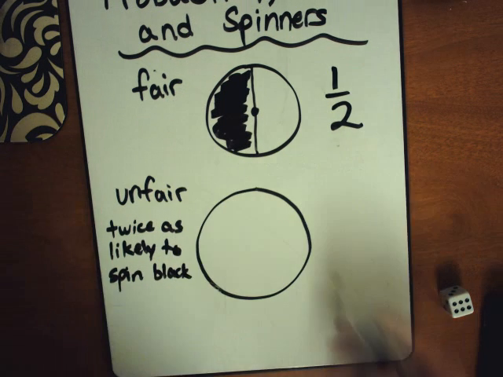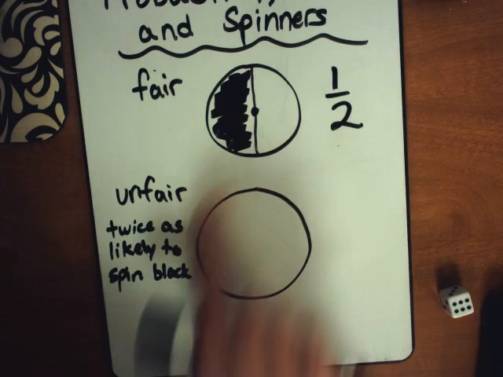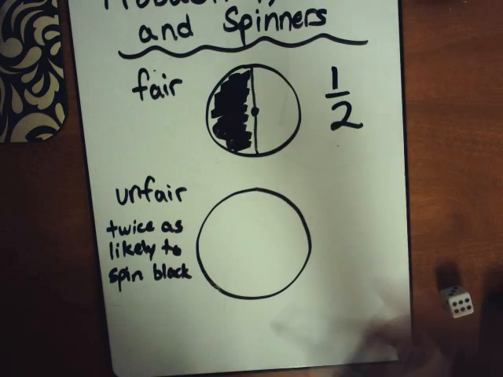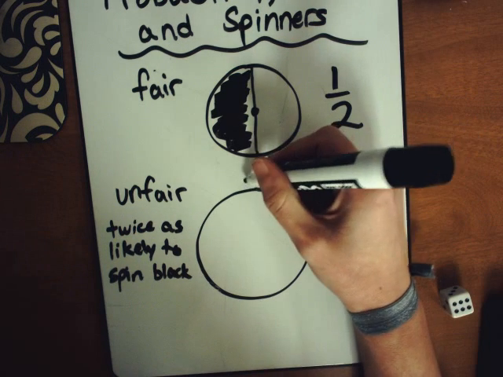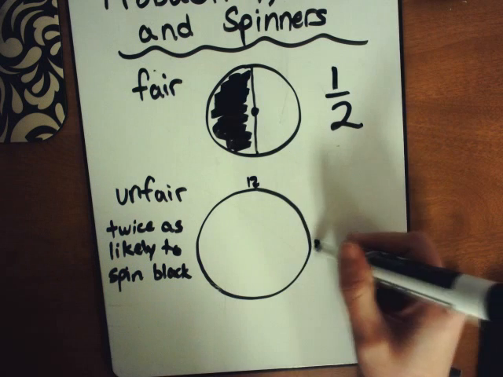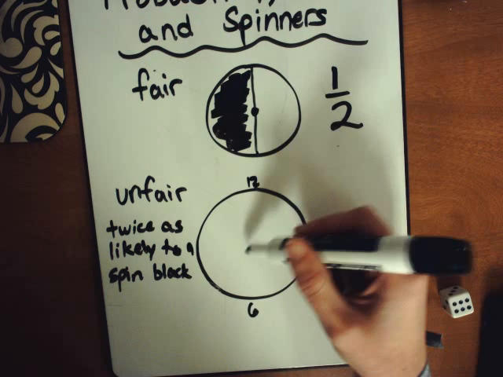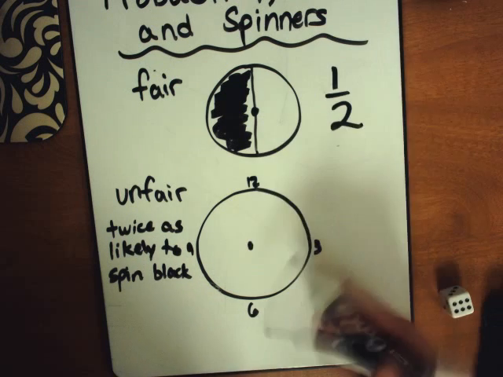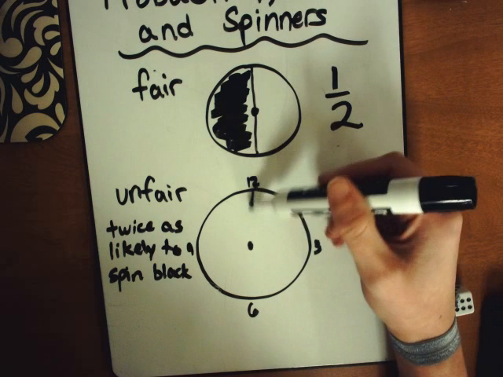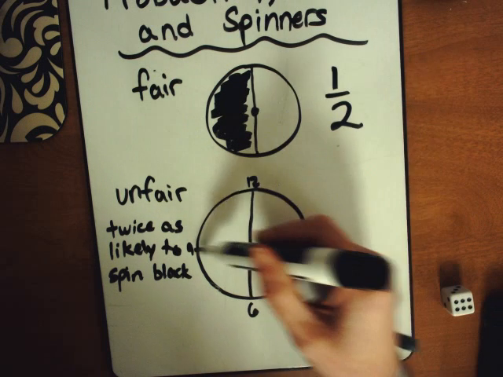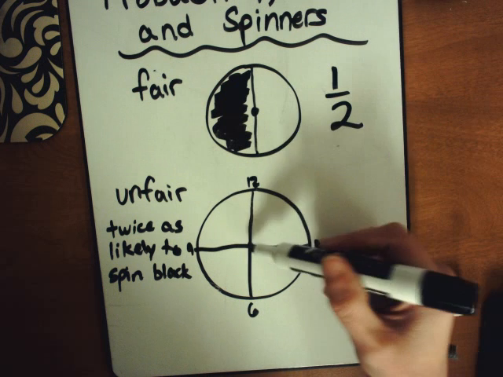Okay, so in order to do that, I want you to think about this as the face of a clock here, right? So we've got 12 here, and 3, and 6, and 9. I'm going to put the center here. I'm going to go ahead and break this up into 12 pieces, just like the clock.